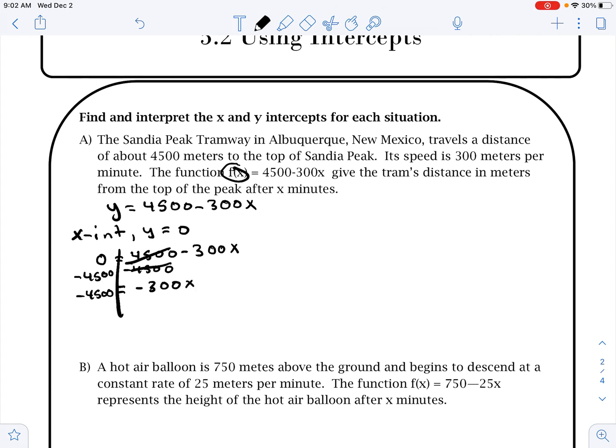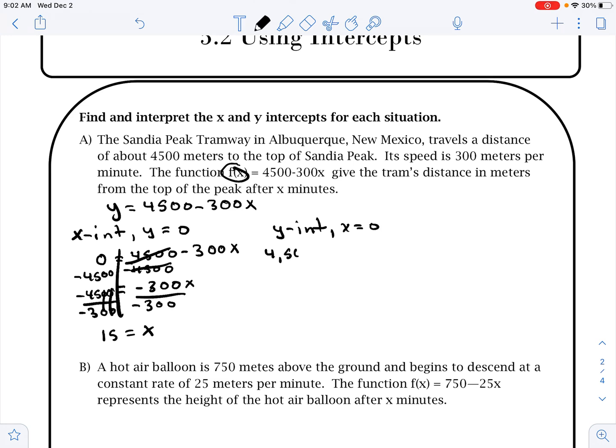Keep the signs with it, so those cancel off. Divide by negative 300. Divide by negative 300. So these zeros would cancel as I divide, and this would be 15 equals x. So that's the x-intercept.